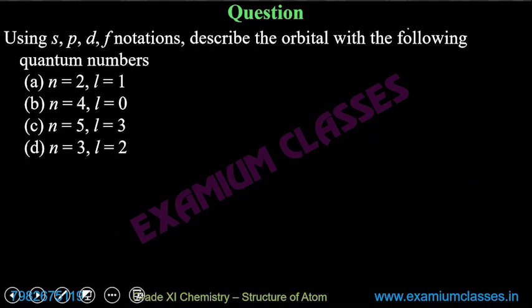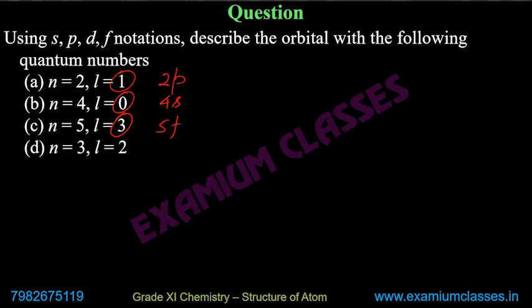Next question. Using spdf notation, describe the orbital with the following quantum numbers. If you remember the assigned letters here, you will be able to write it. So it is 2, 1 is p; 4, 0 is s, so 4s; 5, 3 is f, 5f; 3, 2 is d, 3d.